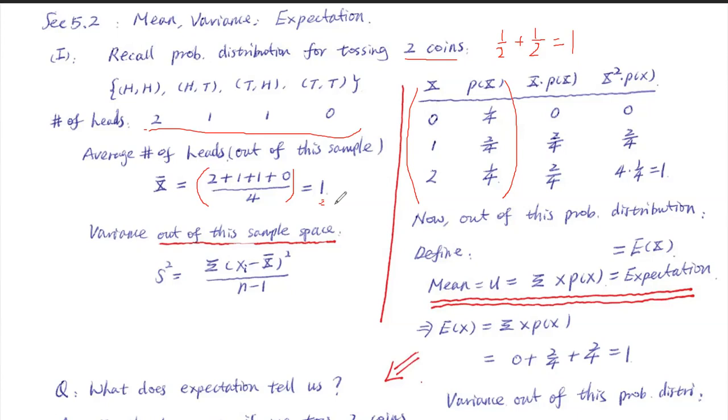Follow me, right? So that's the calculation we used previously if we are given each single outcome. In other words, if we know all those outcomes here. The question is, what if I just give you the probability distribution, a summarized table here?